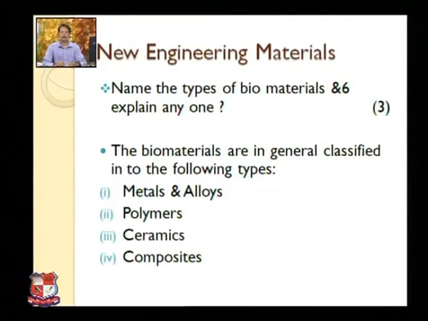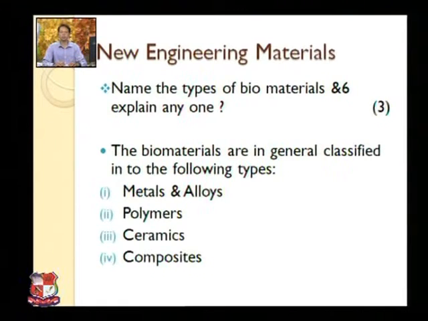The biomaterials are generally classified into the following types. I have written here 4 types of biomaterials, from which you can explain any one. The types are: first, metals and alloys; second, polymers; third, ceramics; fourth, composites. Here, for example, I am explaining the proportion for metals and alloys.